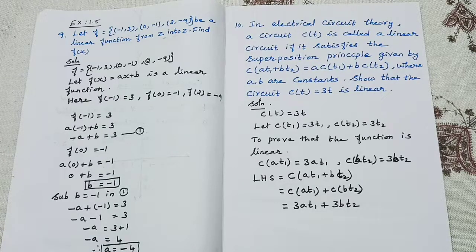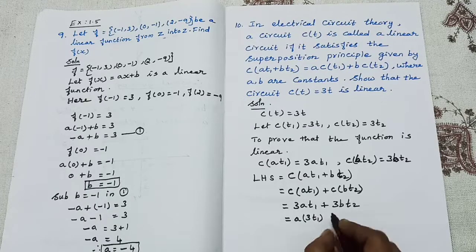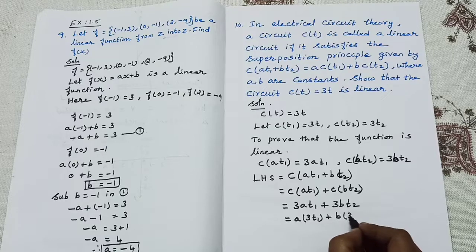Here, which is common? From here, A we can take outside. A into 3T1, plus this B, the constant, we take outside: B of 3T2.